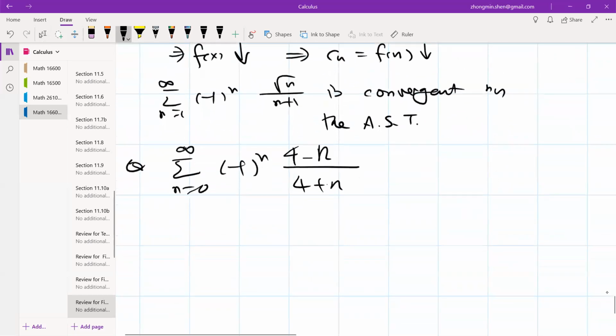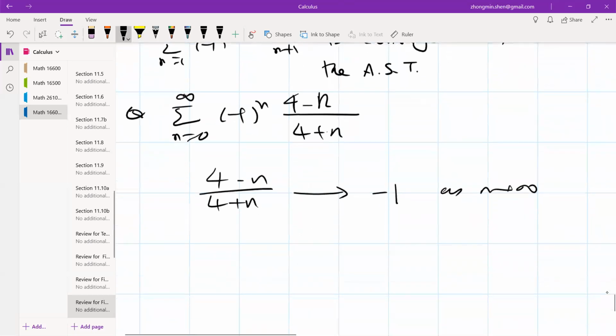So clearly, 4 minus n over 4 plus n approaches negative 1 as n approaches infinity. But there's a sign in front that makes this limit not exist. Of course, it's not going to be 0. Therefore, it diverges by the nth term test.